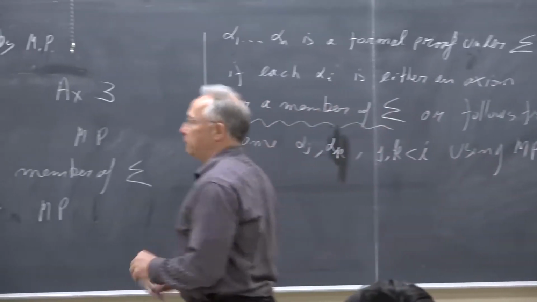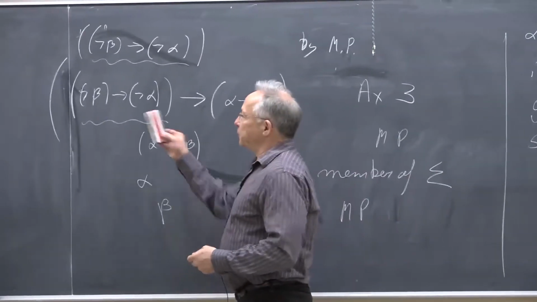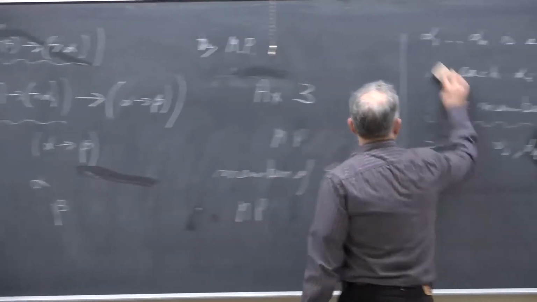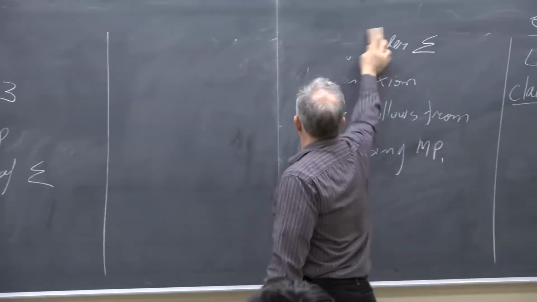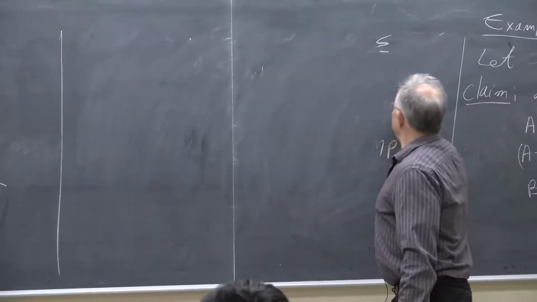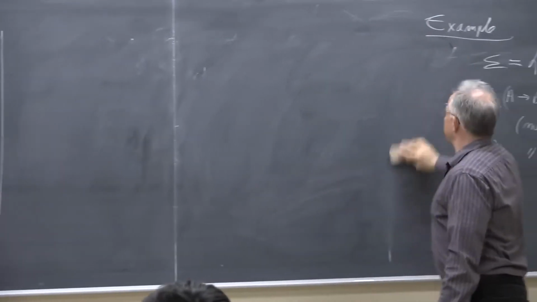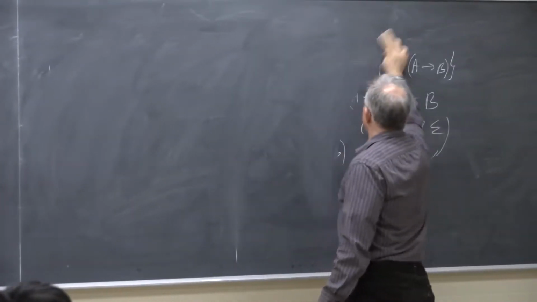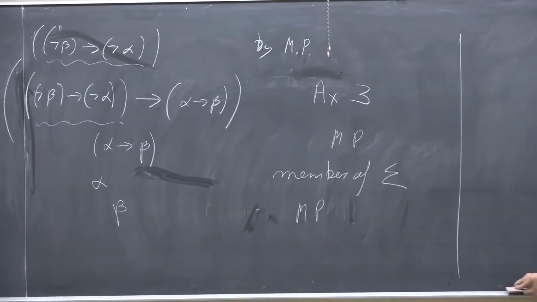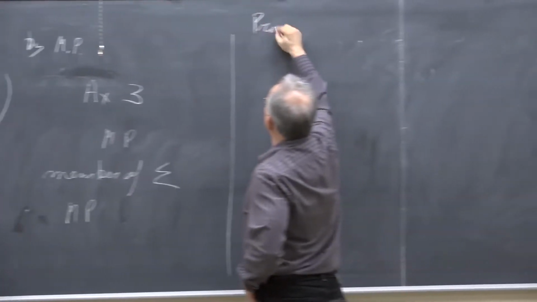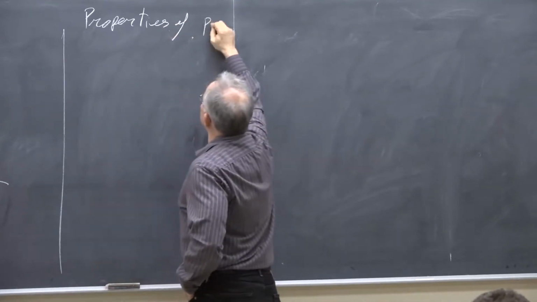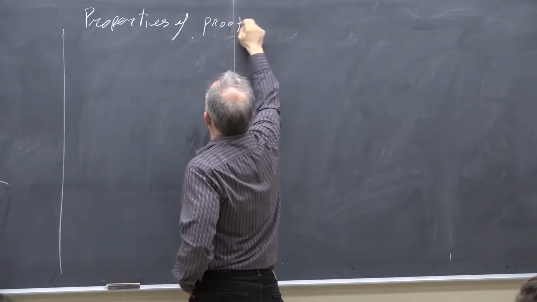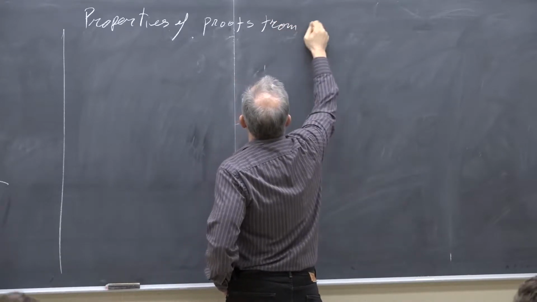Okay, so we've seen two examples. Somehow it feels that proofs from assumptions seem easier, if we take the right assumptions. So let us describe some general properties of proofs from assumptions.